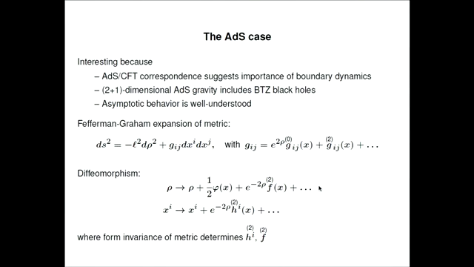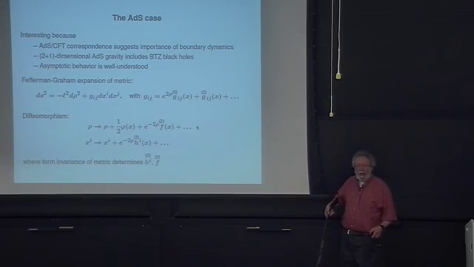The kind of diffeomorphism that I'm interested in is one that doesn't respect the boundary conditions. So here, the boundary conditions are placed at a fixed value of this radial coordinate rho, which eventually we take to infinity in some limiting process to get full anti-de Sitter space. And so the diffeomorphisms that intuitively you would expect would not respect those boundary conditions are diffeomorphisms that move the boundary, that is, diffeomorphisms in the radial direction.